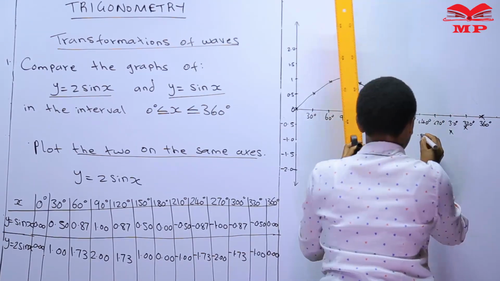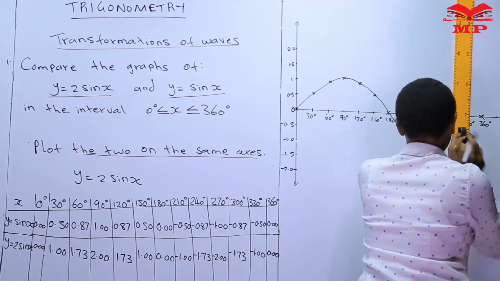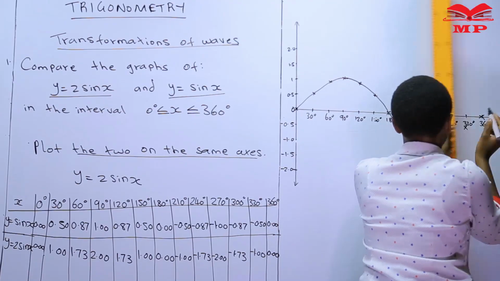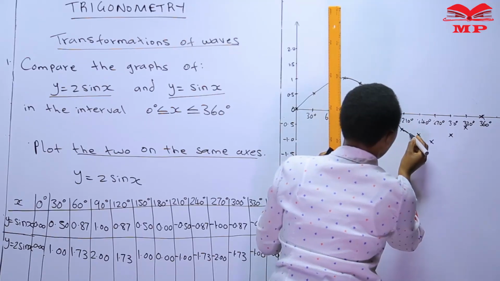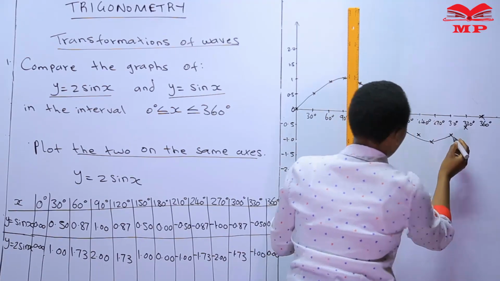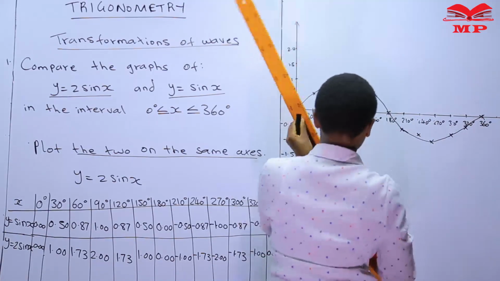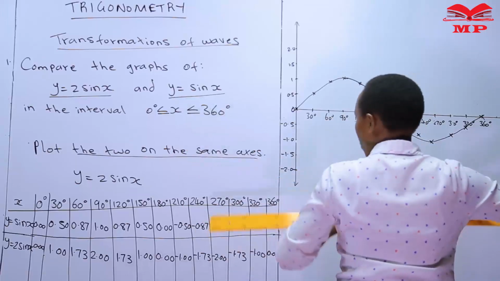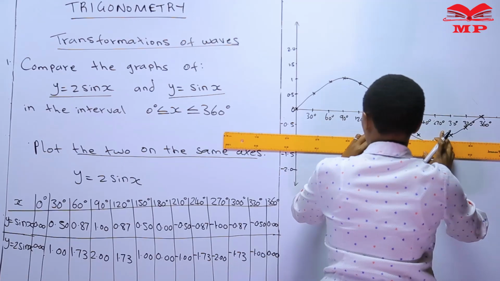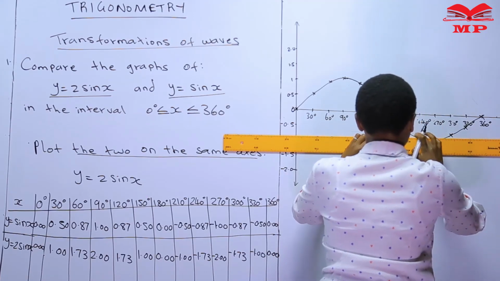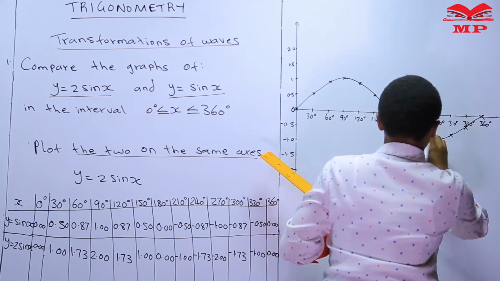And this one is at the same level here for 300, negative 0.87. So we join it using a smooth curve. So for this 240, it's supposed to be down here. So we have our curve.